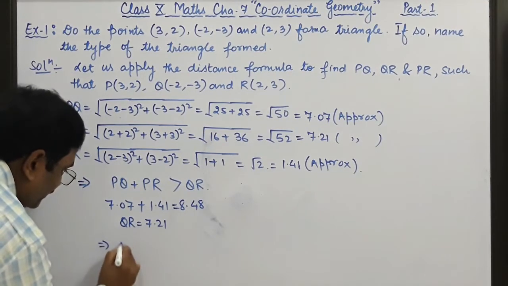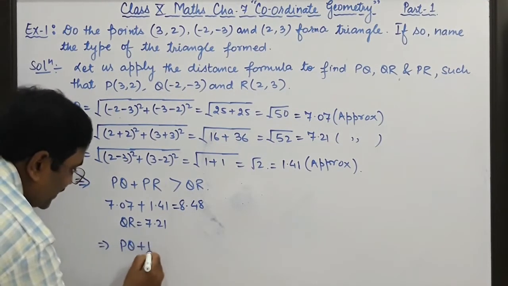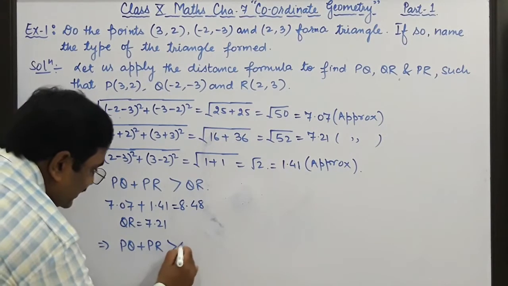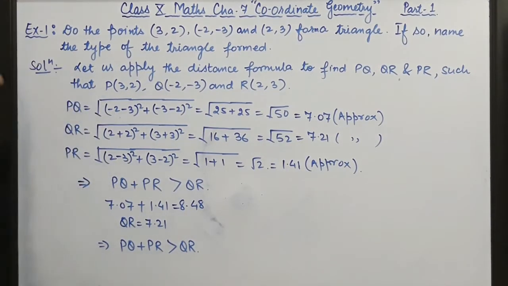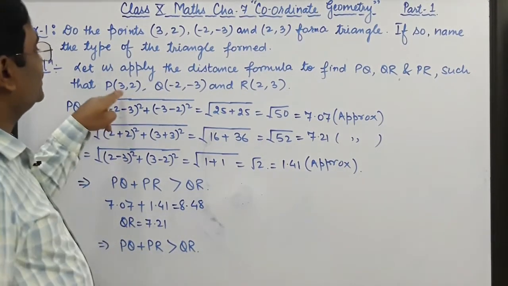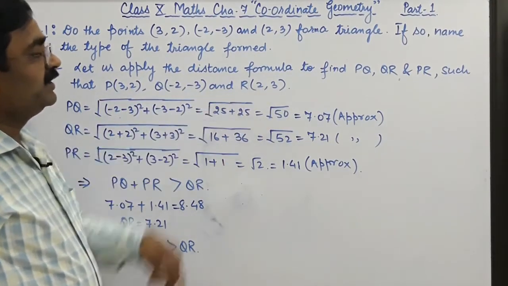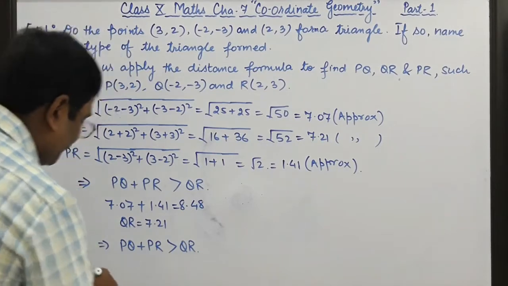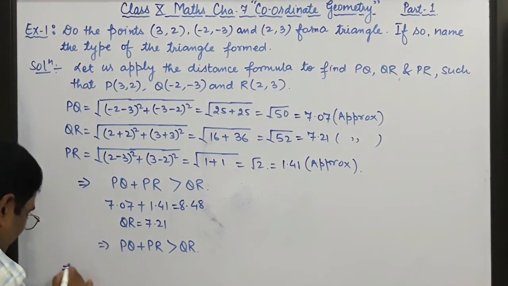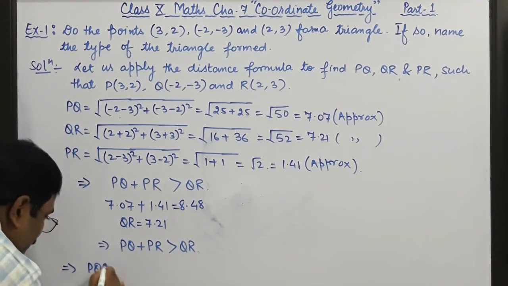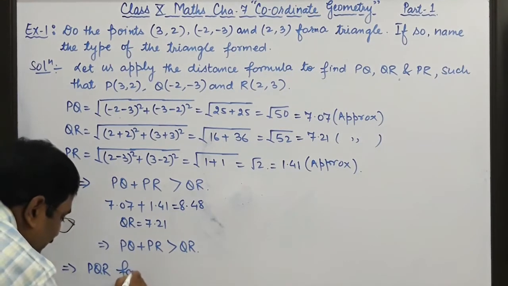Therefore we are getting PQ plus PR is greater than QR. Therefore these points P, Q, R, means these points (3, 2), (-2, -3) and (2, 3), form a triangle.